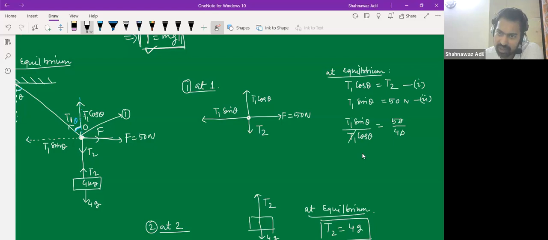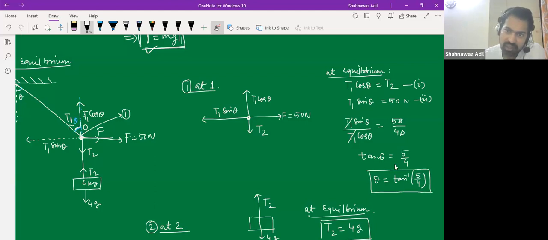T1 cancels and we have tan theta, which is 5 by something. So theta is tan inverse of 5 by that value. This was the question: we had to find at what angle the system is at equilibrium.